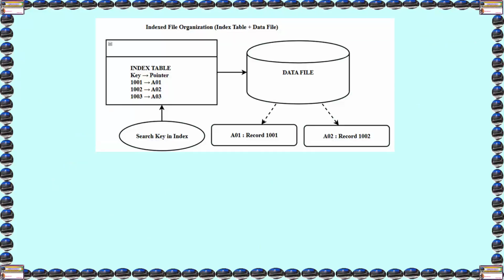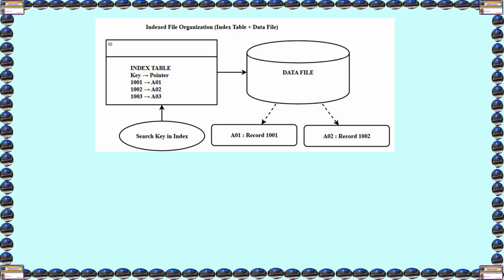It can be illustrated as follows. You can see this is index file organization, where we have the index table and data file. From the index table, you can see we have key and we have pointer. And therefore, if you want to access record A01, you have to use the key 1001.